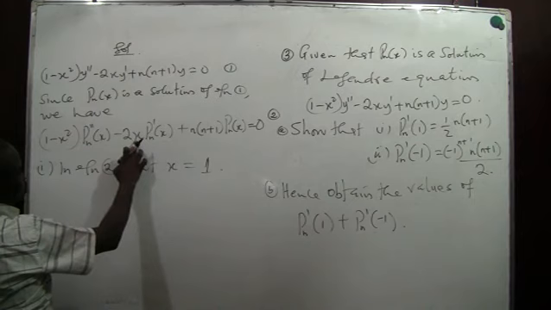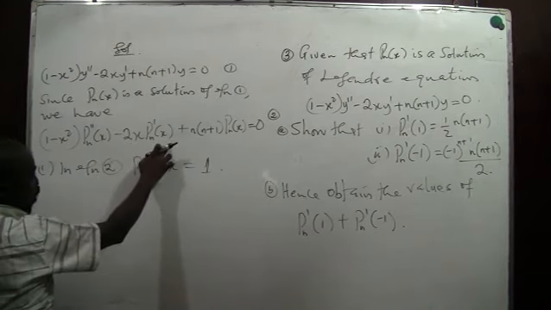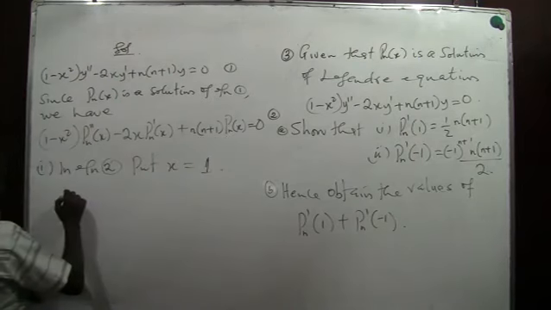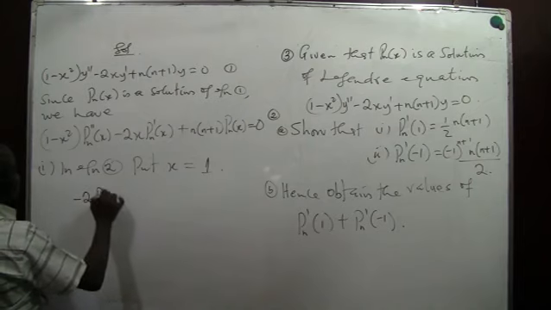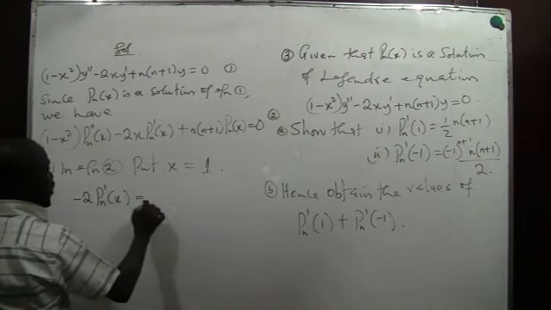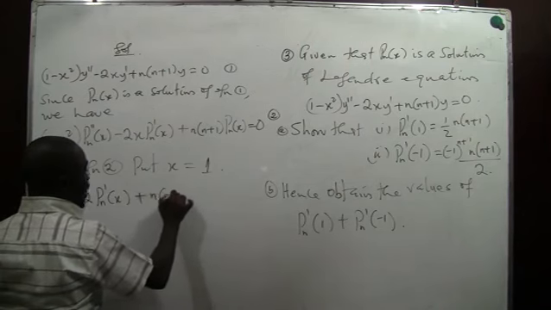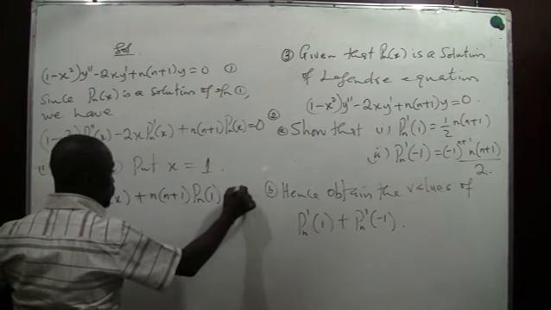We retain −2Pn'(1), then n(n + 1)Pn(1) = 0.